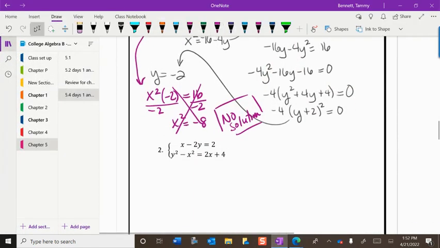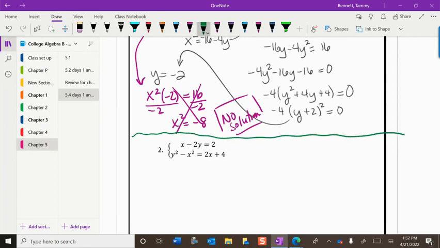All right, number 2 in this set. x minus 2y equals 2, and y squared minus x squared equals 2x plus 4. Well, neither one's nice, so let's solve this one for x.